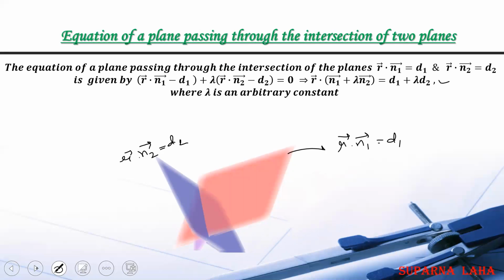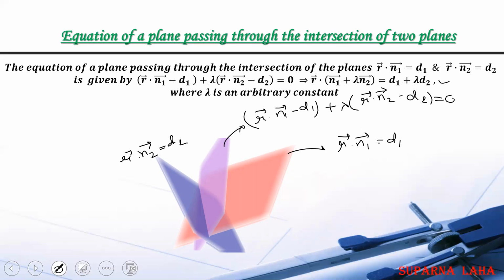Now any plane passing through this intersection can be written as r dot n1 minus d1 plus lambda into r dot n2 minus d2 equals 0. So this is the equation of any arbitrary plane passing through the intersection of these two planes.